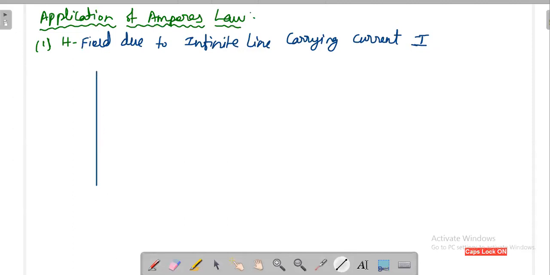This is my infinite line, and that line is carrying current I.